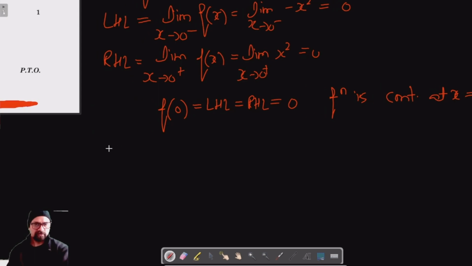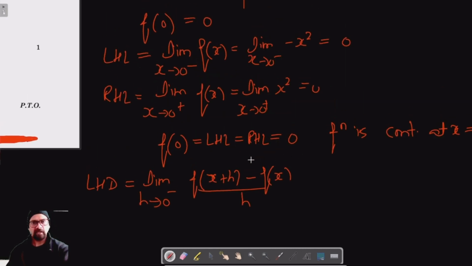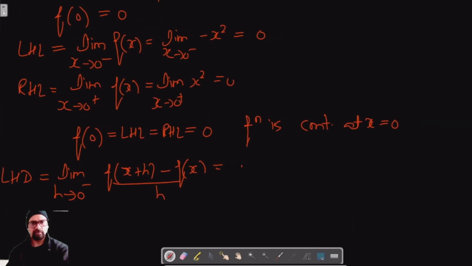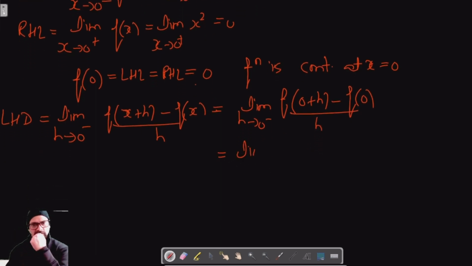Now let's check it for differentiability. For that, let's find the left hand derivative, which is limit h tends to 0 negative of f of x plus h minus f of x upon h, and x here is 0. So this is f of 0 plus h minus f of 0 upon h, which is f of h minus f of 0 upon h.